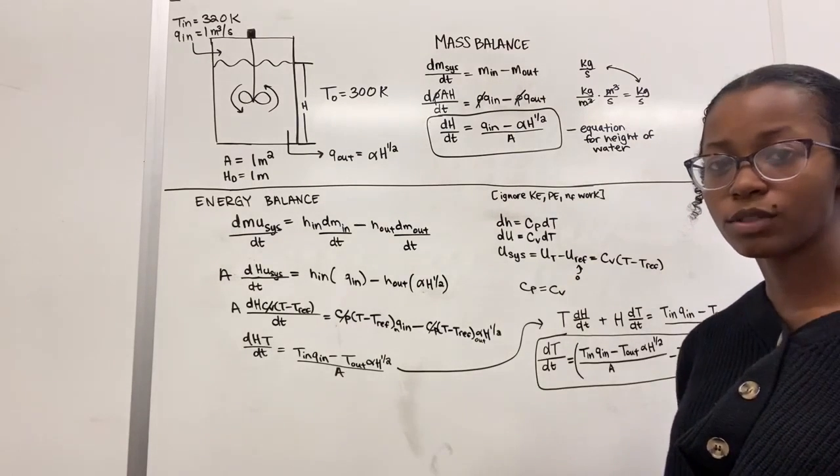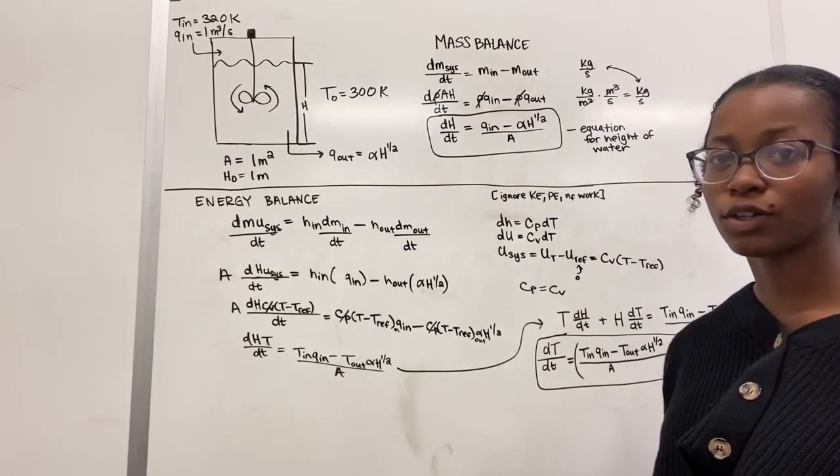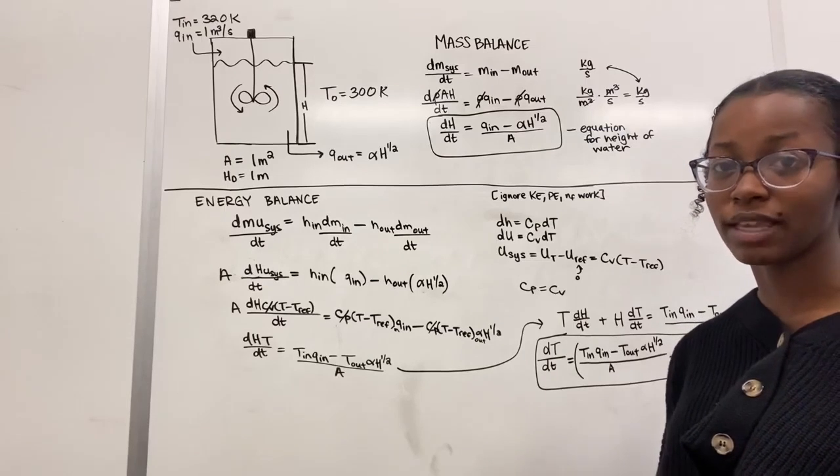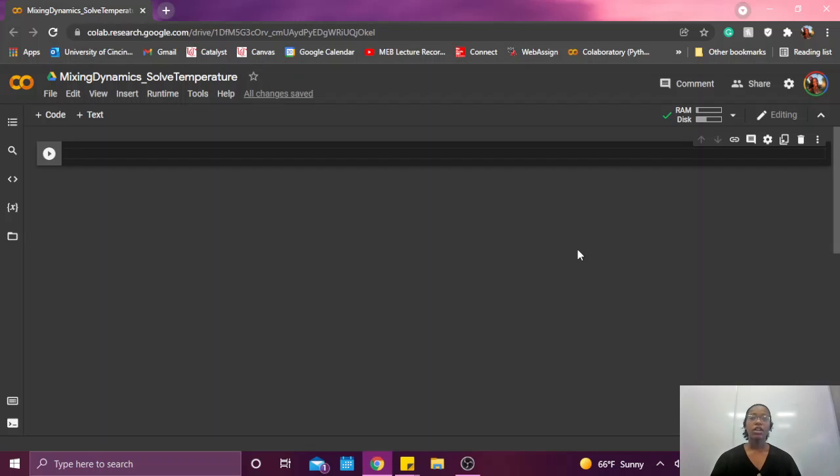And now we're going to head over to Colaboratory so we can code this using Python. So to start coding the first part of this problem, first we're going to have to import all of our functions, starting with NumPy.